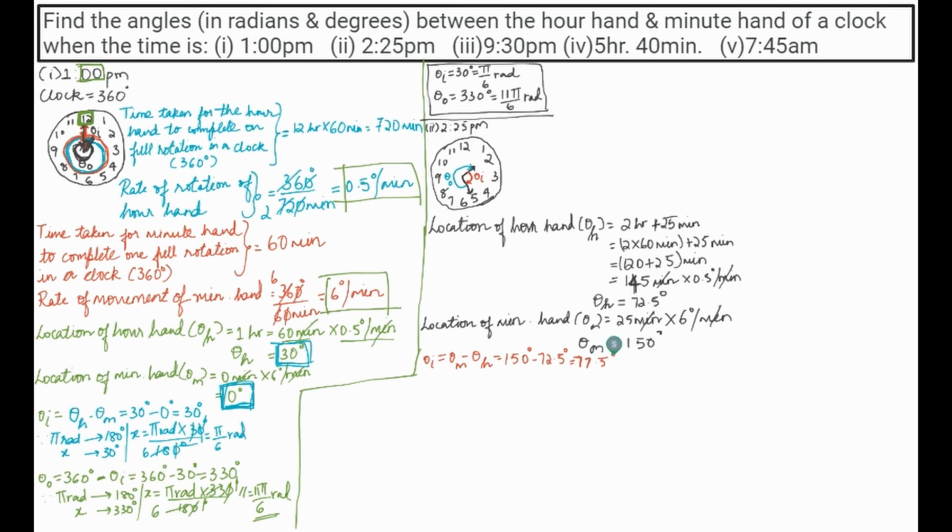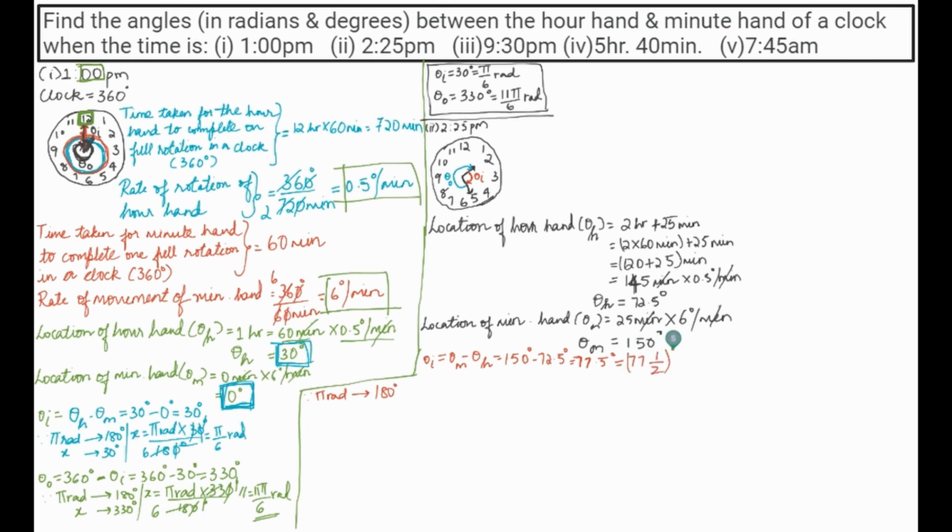In terms of radians, if we follow the same technique, we know that pi radians is equal to 180 degrees. So this 77.5 degrees can also be written as 77.5 degree.